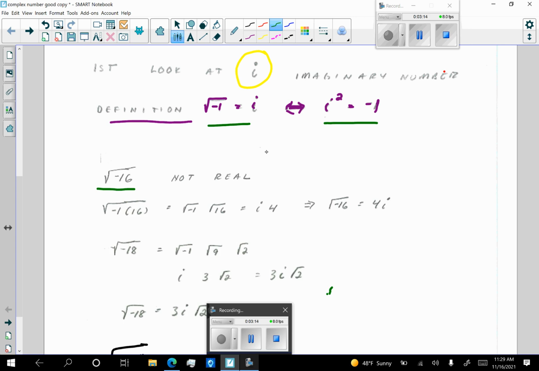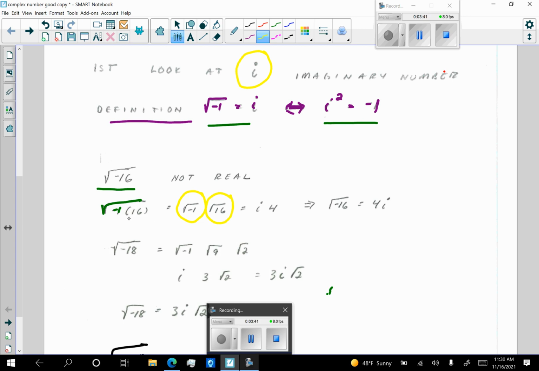And here's how we do it. Say I want to simplify the square root of -16. Well, the square root of -16 is the square root of -1 times the square root of 16. Why can I do that?